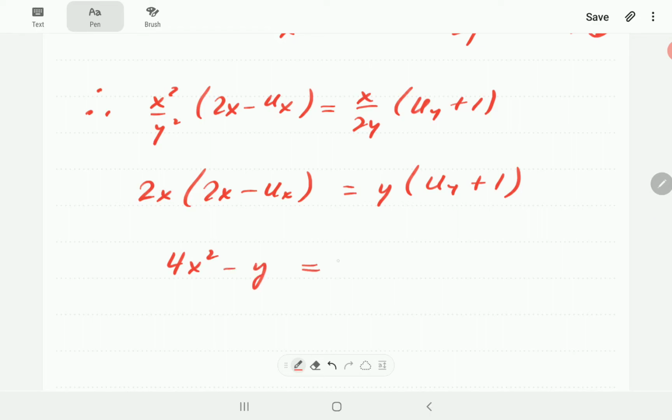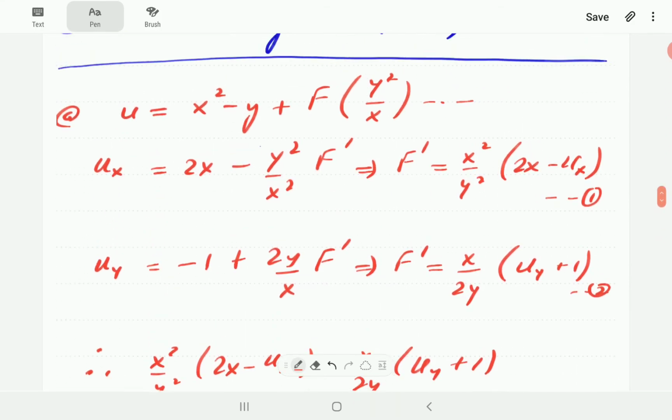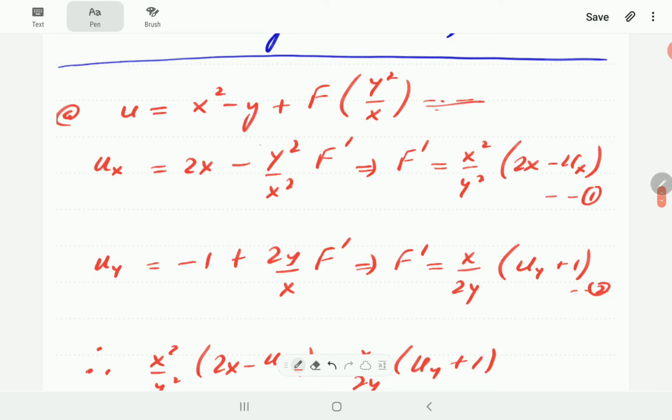Then we're going to bring all the derivatives of u to the right hand side, and so this is going to be our PDE, which is satisfied by this general solution here.